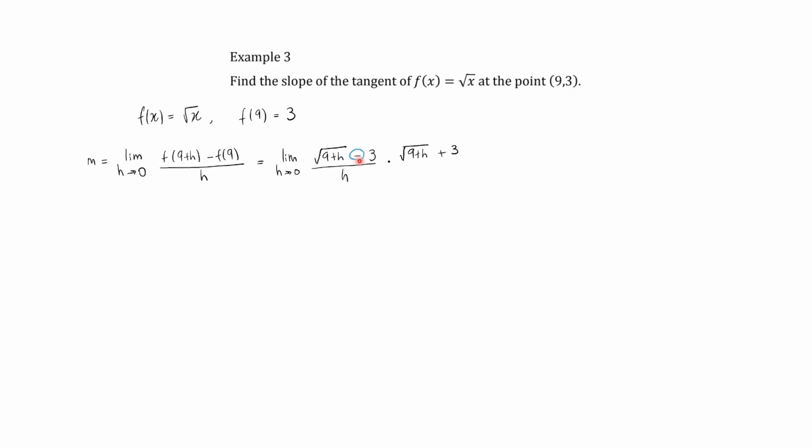And of course, we are going to be multiplying and dividing by the same amount so that we are actually not affecting the value of the expression. This is the same as multiplying by 1. Okay, remember that we are not actually changing the value of the expression. We're just changing the way it looks.